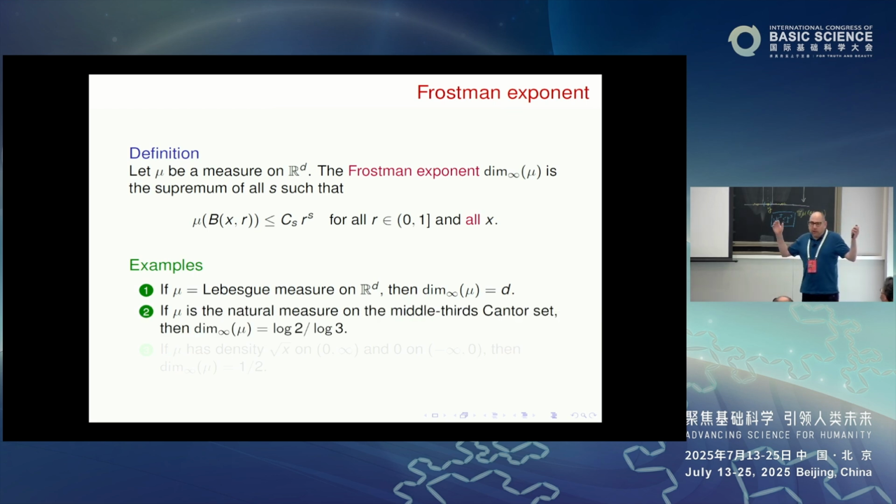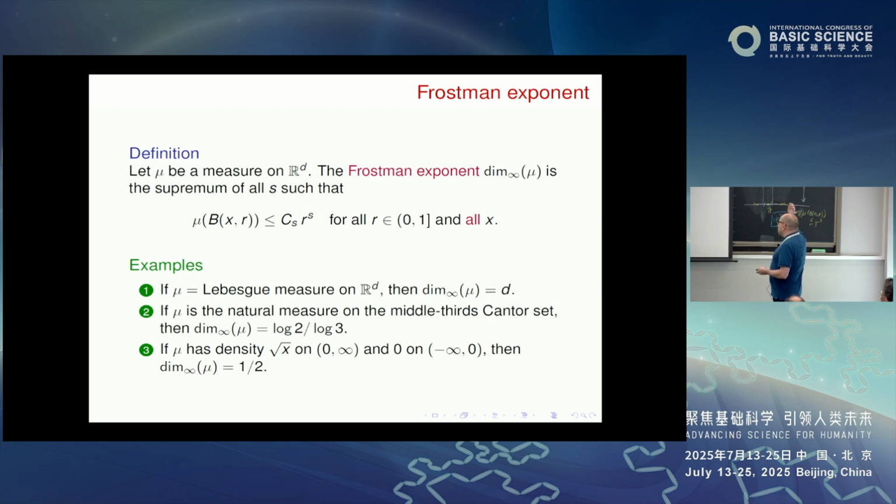If you have, again, the middle-thirds Cantor set and you put the most natural measure you can put on it, such as the Hausdorff measure, then, because the measure is very uniform, it sees the dimension of the set, and it doesn't matter which center you take, all the balls look more or less the same. So this has Frostman exponent equal to the dimension of the Cantor set, which is log 2 over log 3. On the other hand, because we want uniform control with every center, you can have a very nice absolutely continuous measure which doesn't have dimension 1, though you would expect that an absolutely continuous measure should.